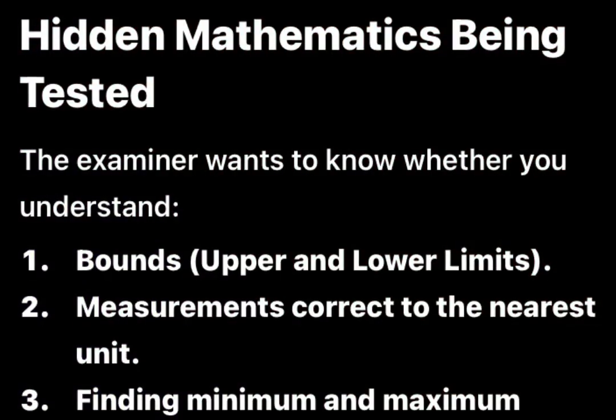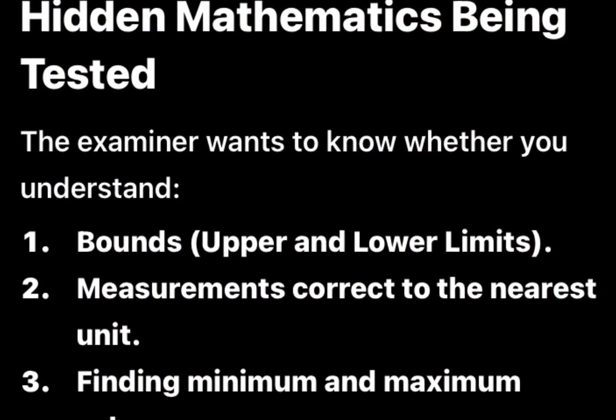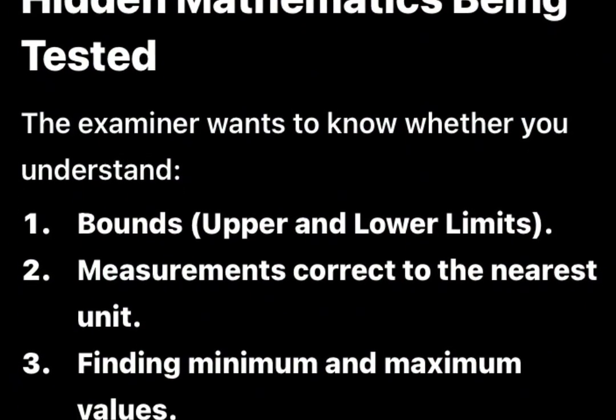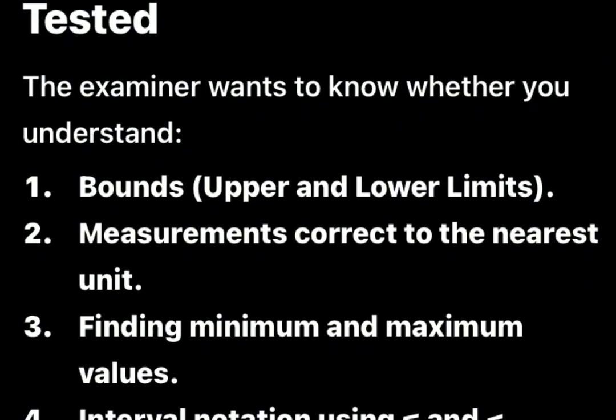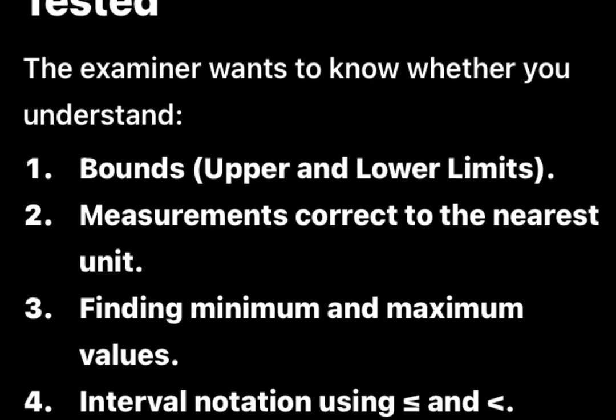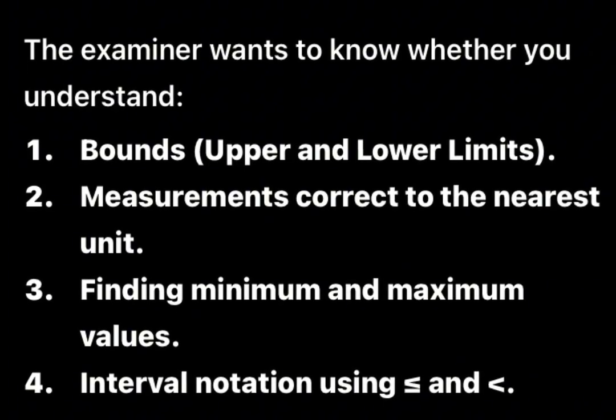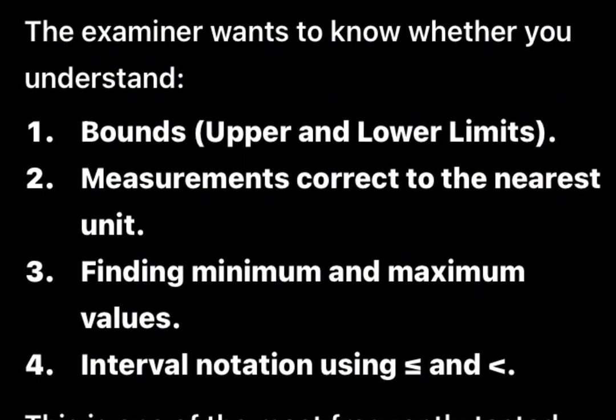A good competition student will always want to know the hidden mathematics being tested in a given question. Here, I see about 4 principles that the examiner wants to know whether you understand. Number 1 is bounds, finding upper and lower limits.